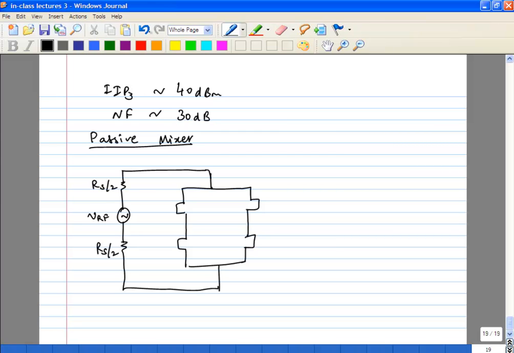So this is a double balanced passive mixer. And then you're going to take the output across a capacitor CL. So what happens here?